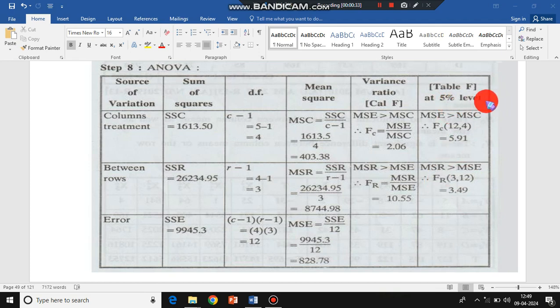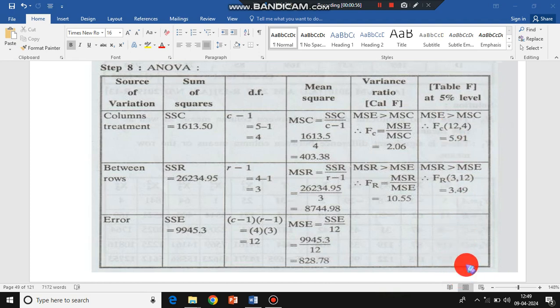In that table there would be a horizontal line and a vertical line. The horizontal line denotes the degrees of freedom in the first place, and the vertical denotes the degrees of freedom in the second place. So first you take 3 on the horizontal line, and 12 on the vertical.